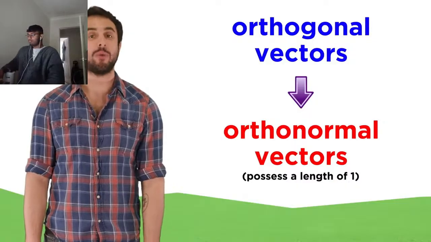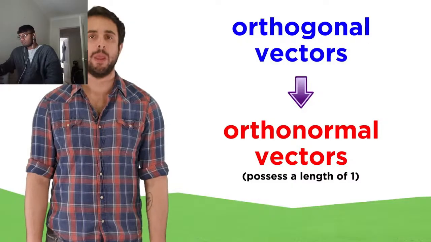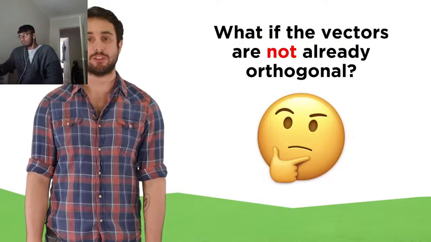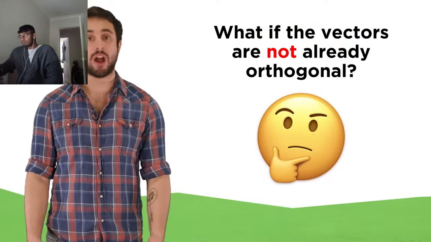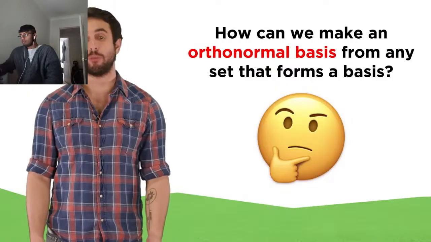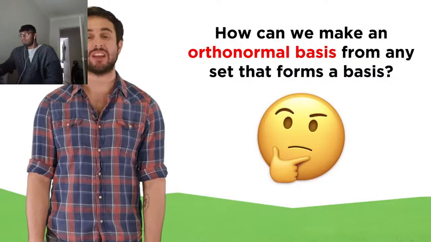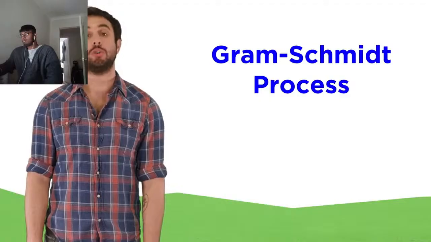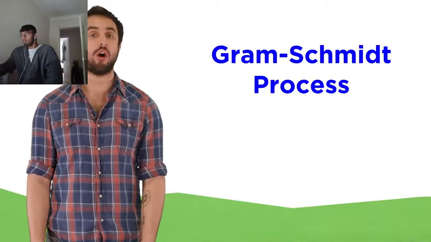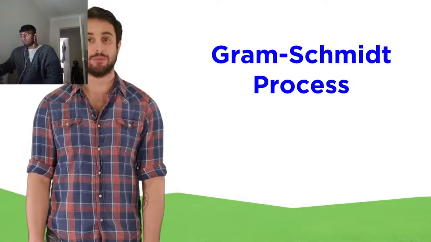And since they were already orthogonal, the new vectors become orthonormal. But what if we start with a set of vectors that are not already orthogonal? Furthermore, how do we go about making an orthonormal basis for a vector space, given any set of vectors that form a basis? To do this, we need to learn something called the Gram-Schmidt process. So let's take a look at this now.